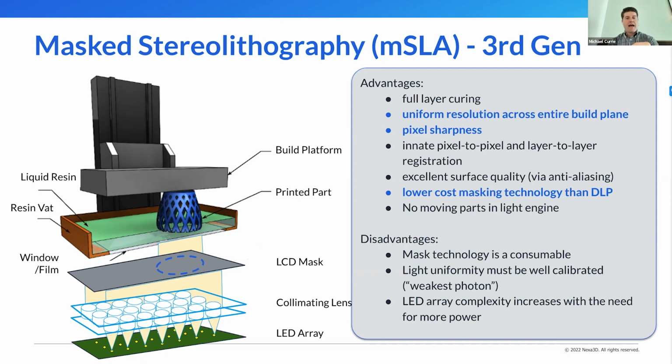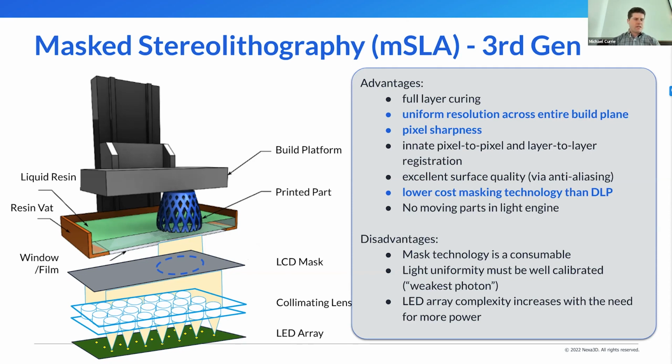Not only that, because usually the LCD is stuck right below the vat where the resin is, you're getting what I would call pixel sharpness, meaning you're masking the light at the last very moment before it starts curing, and that's going to improve your precision, your ability to create that precise pixel. And this technology is riding what I would call the peace dividends of the iPad wars and the iPhone wars and the tablet wars. So this technology is readily available, and it's also very inexpensive.